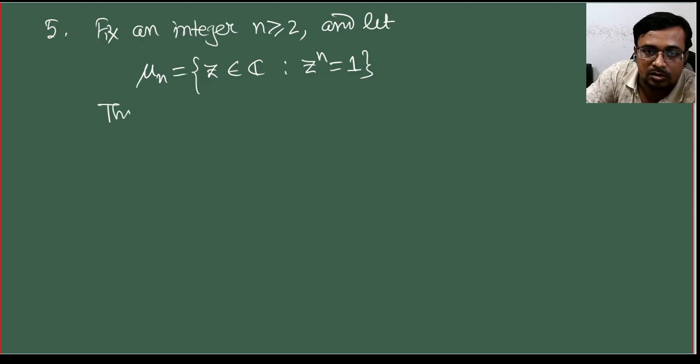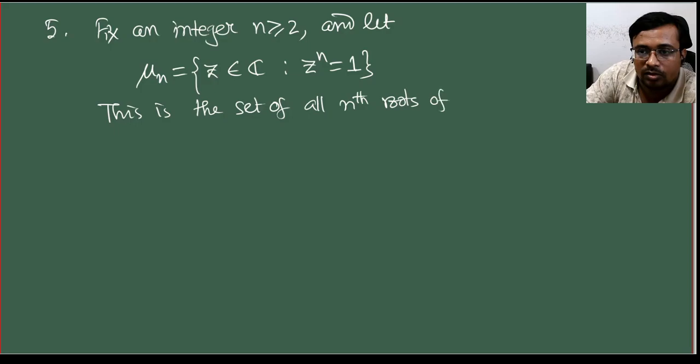So this is the set of all nth roots of unity in C. Note that this forms a group with respect to multiplication, because if I take any two complex numbers whose nth power is 1, then the product also satisfies the same equation.